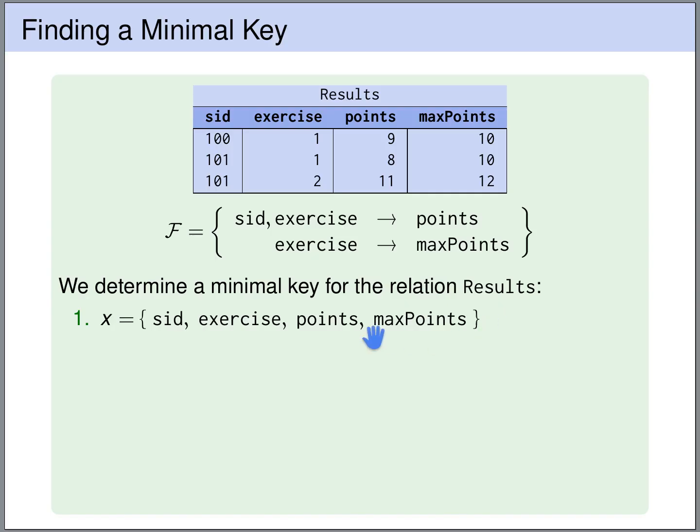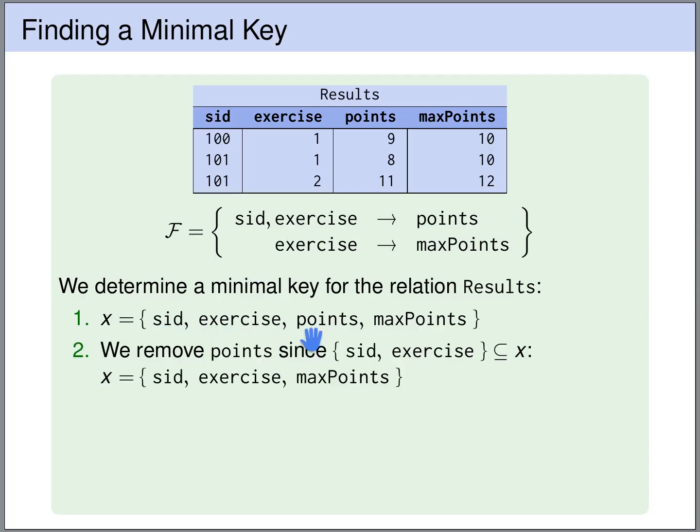Clearly, we can remove the attribute points because the points is uniquely determined by sit and exercise. Sit and exercise are still in the set X. So if we remove points, then points will still be in the cover. So we remove points and we have now the set sit, exercise and max points.